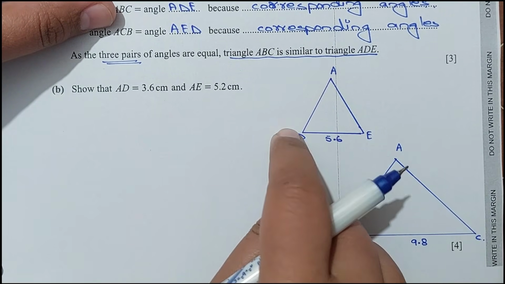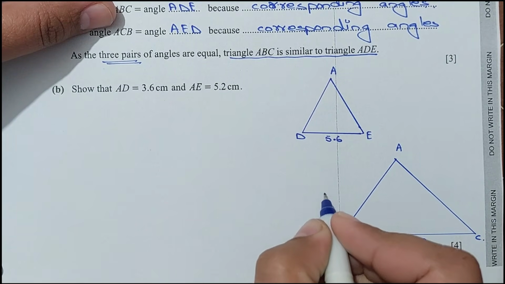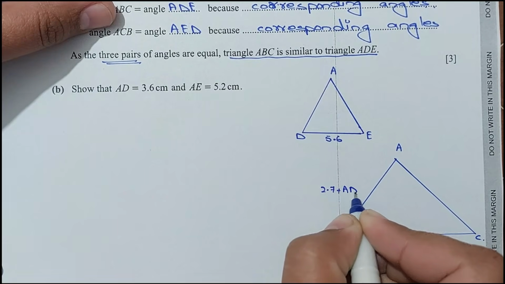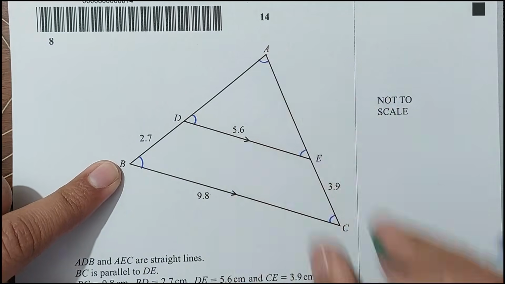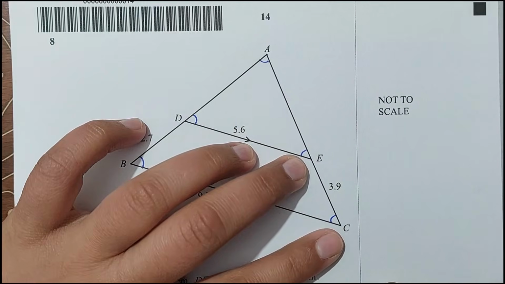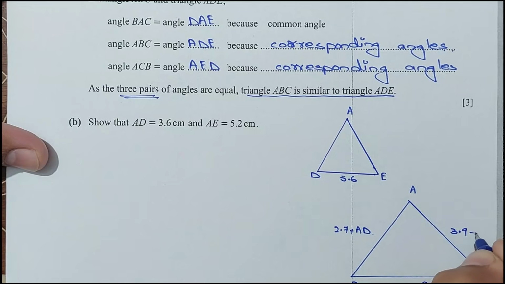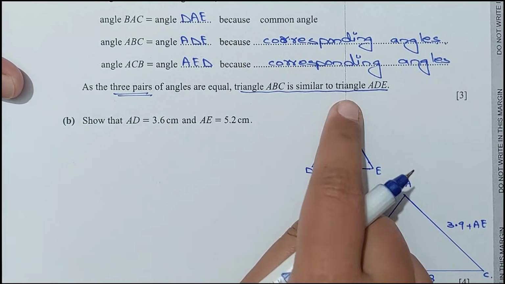We don't have AD, we have AB. AB is basically 2.7 plus AD. AC is 3.9 plus AE. We have to solve for AD.